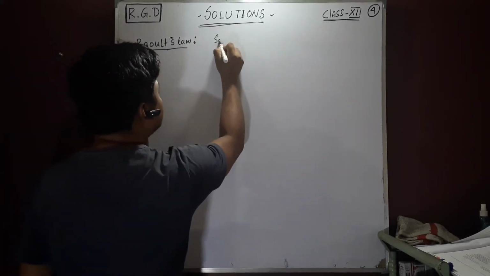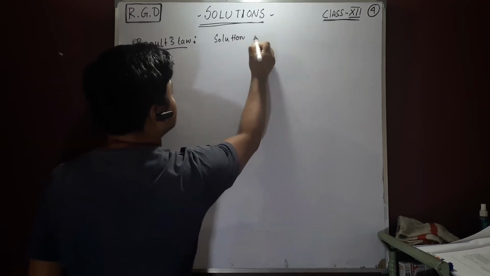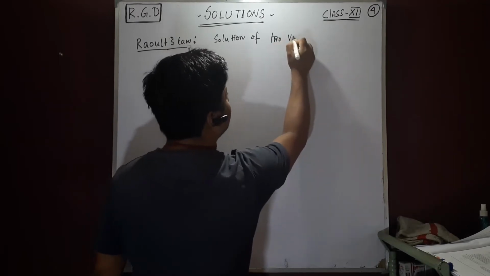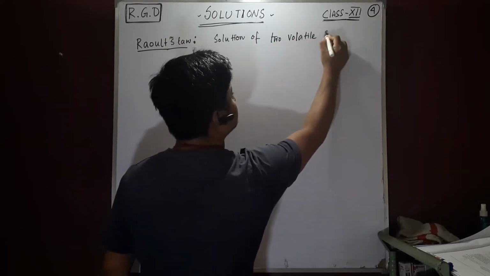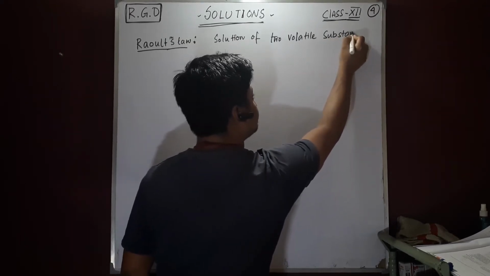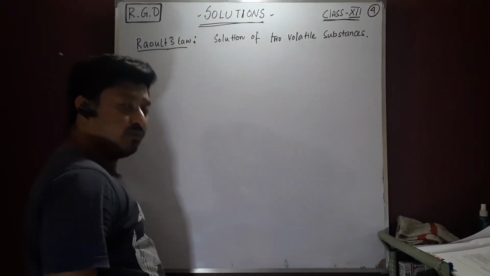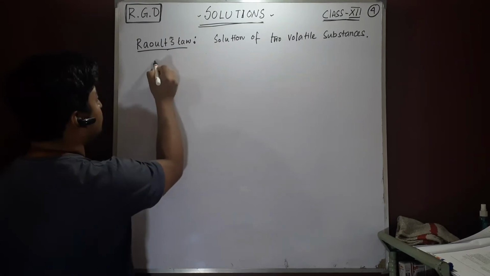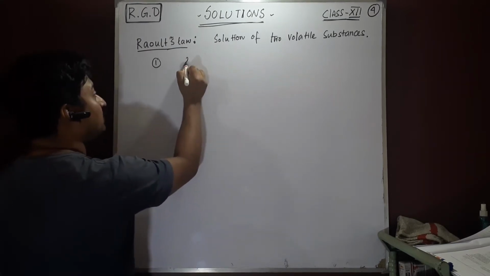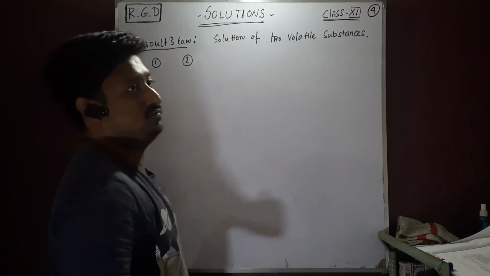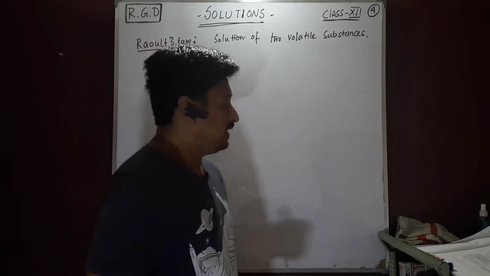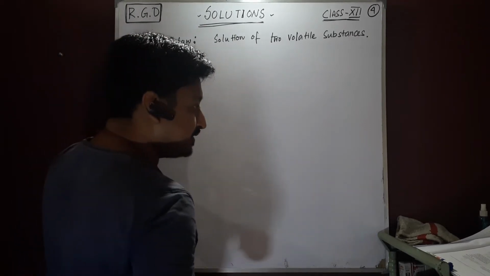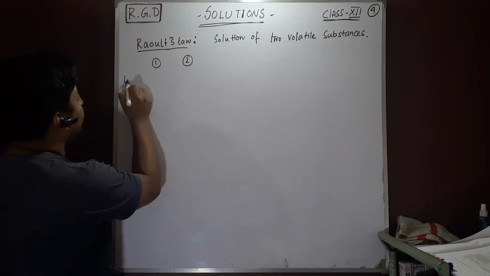If you have a solution of two volatile substances, let's say one substance is substance 1 and another is substance number 2. Now this substance, let's say, is a liquid.